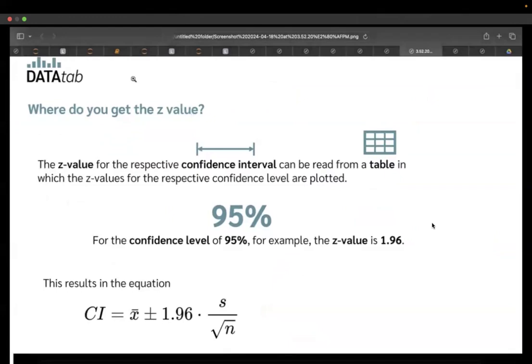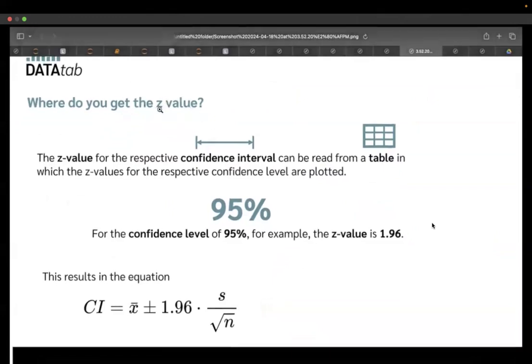Now here we are going to consider the value of z as a constant. In the next lecture, or let's say the upcoming Saturday, I will definitely tell you what the z value is. This falls under hypothesis testing; we call it the z score.